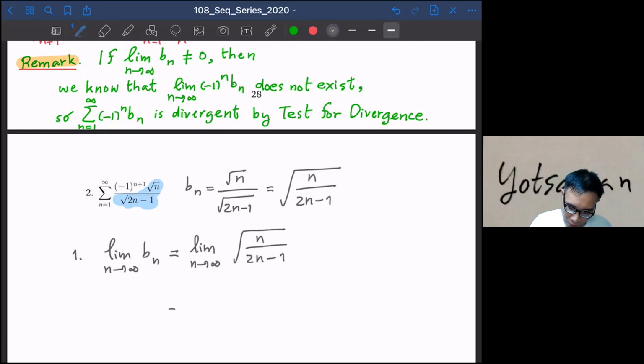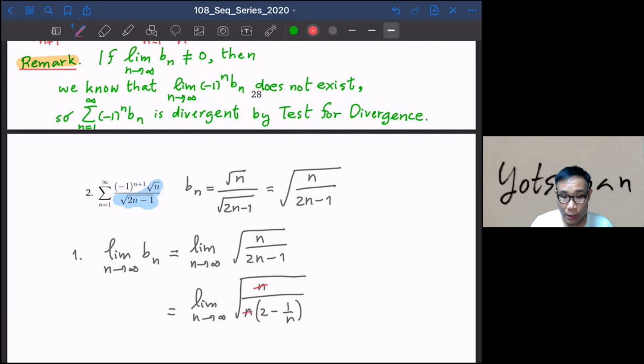So you have the limit as n goes to infinity of the square root of n over 2n minus 1. You divide by n, so you have 2 minus 1 over n, which can be cancelled like this, and the 1 over n approaches 0.